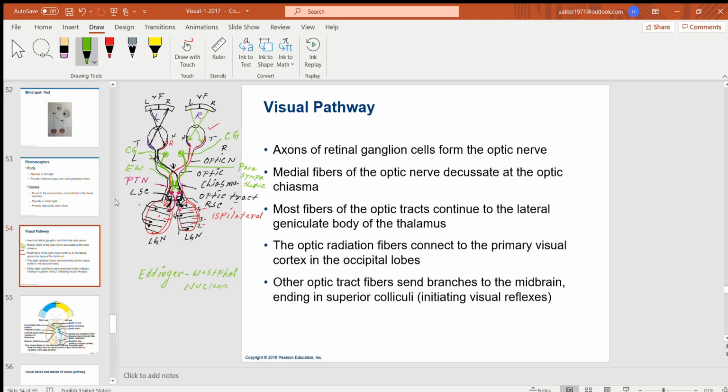The neurons of the ciliary ganglion will receive that signal, and then the axons of these neurons form the short ciliary nerves.